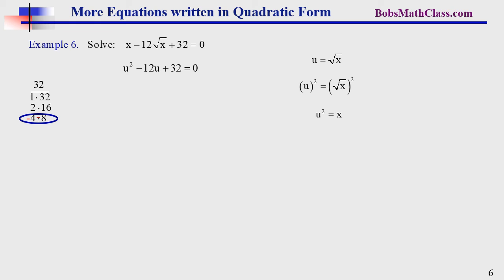Both negative. Yeah, good job. So this will be u minus 4. I'm not doing the whole grouping here. I'm just putting the numbers in because it starts off with just a u squared. So u minus 4 times u minus 8. Set them both equal to 0. You could probably do that in your head. So we get u equals 4 and u equals 8.